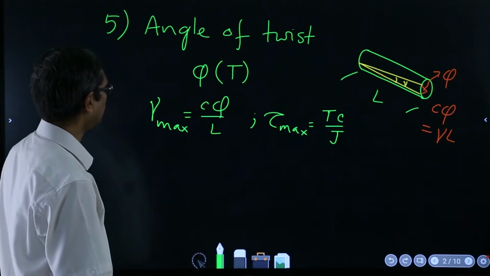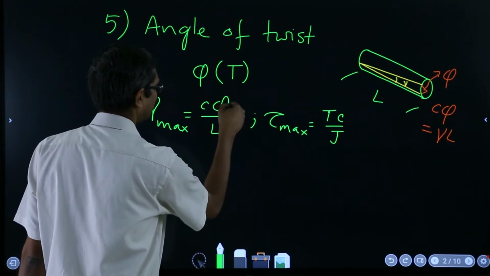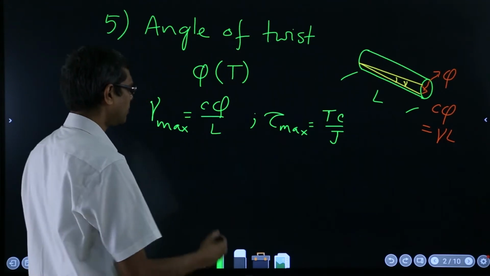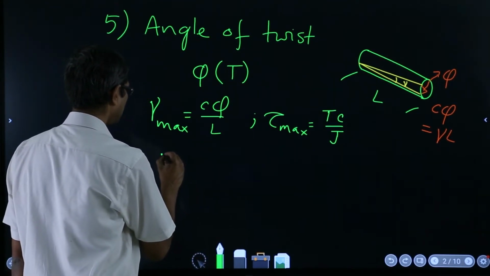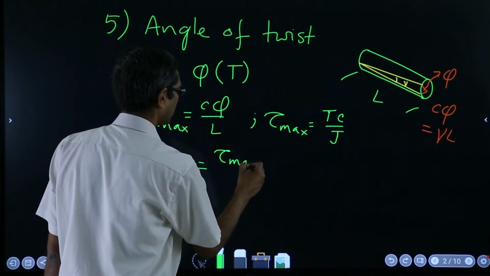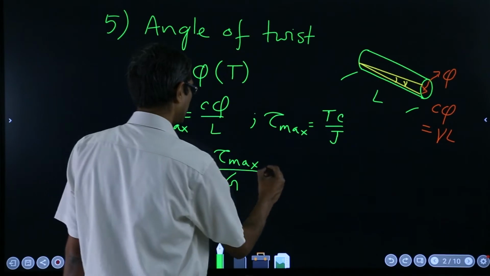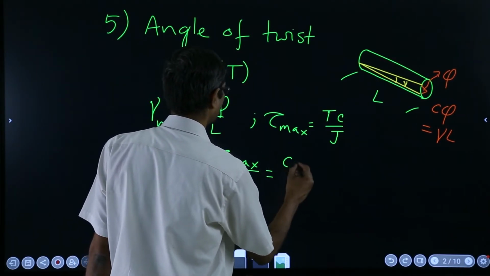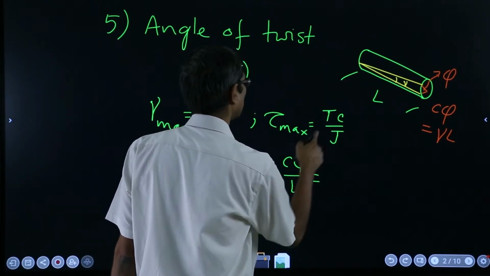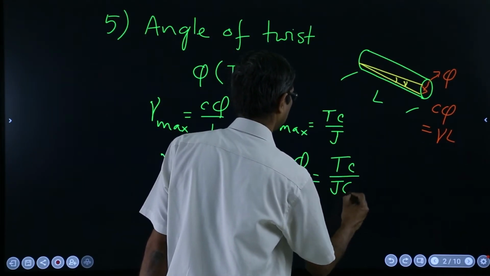And now to get a correlation between phi and the torque, we just have to see phi is sitting here and torque is sitting here. We have to get the relationship between them. So this gamma max is nothing but tau max over G, which is nothing but gamma is C phi over L, and tau max over G is T C over JG.